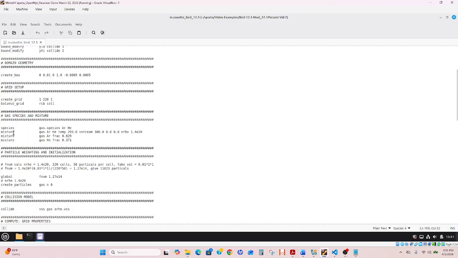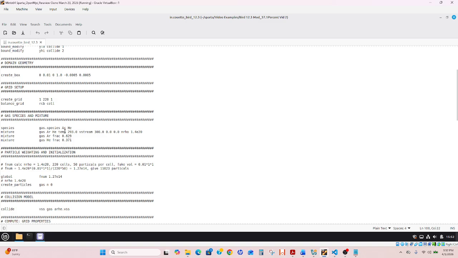Then we get down to our species and our gas mixture. This is where there's actually some changes. So our species now, we're pulling in that file for gas species, and we're telling it we need the information for argon and the information for helium, because those were the 2 IDs that we had in there. So our mixture now is going to be a gas made up of argon and helium.